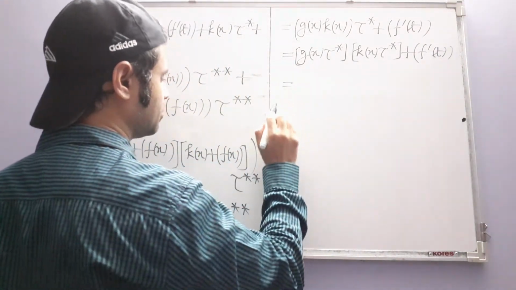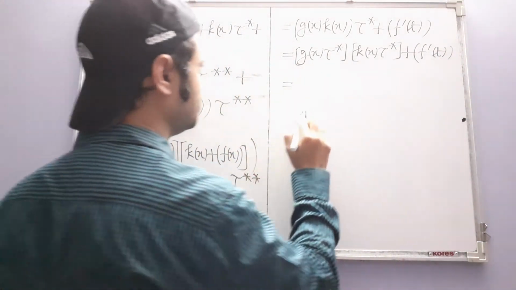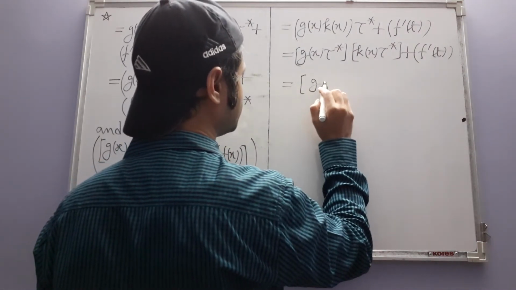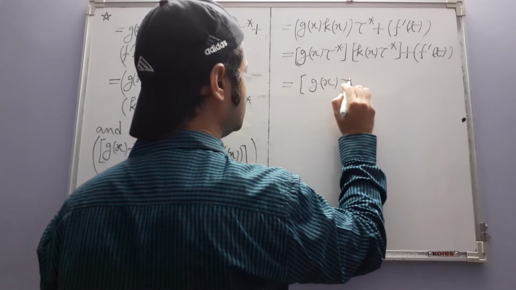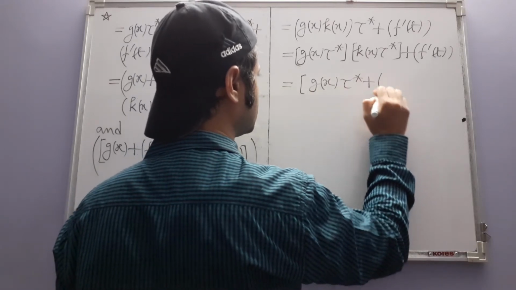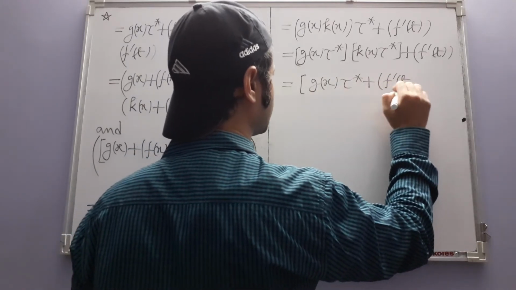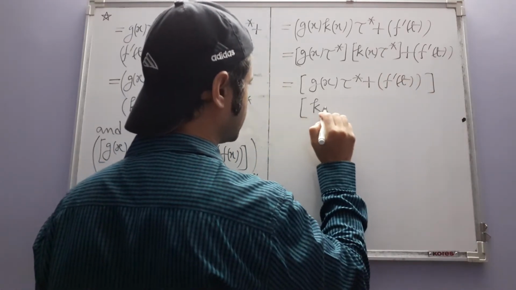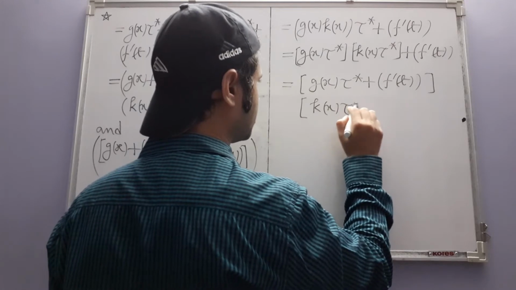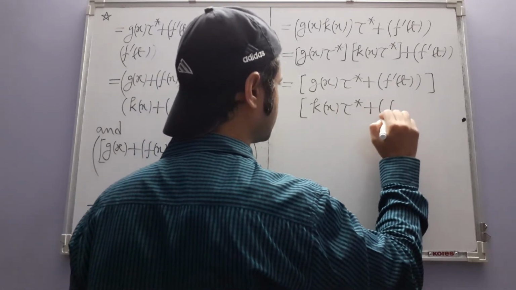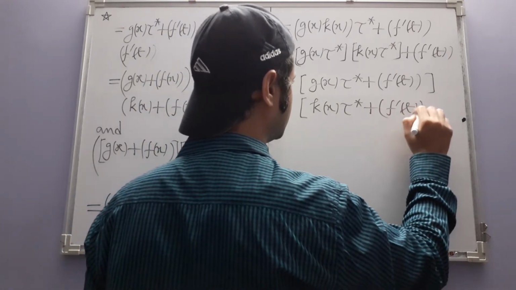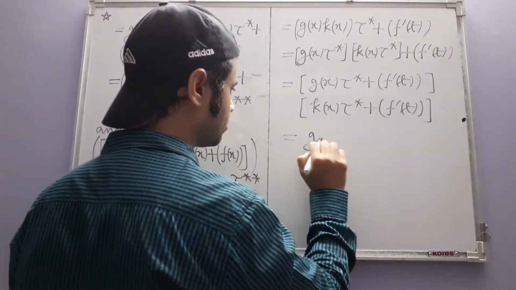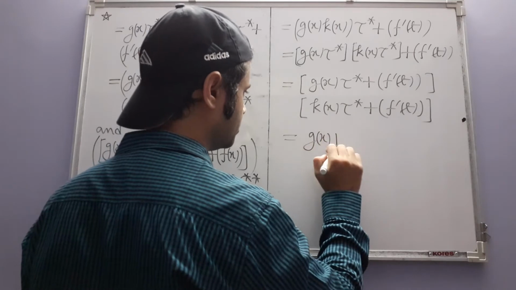Then by the definition of coset multiplication again, this is the product of gx tau star plus f prime t, this ideal, and this next ideal kx tau star plus f prime t. The first factor is the tau double star image of this ideal.